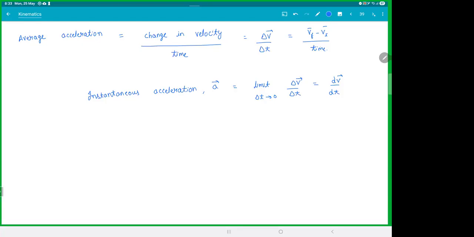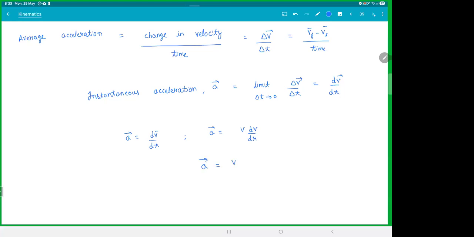If you want average acceleration, it is change in velocity by time. So acceleration can be written as dv by dt, and this can also be written as v dv by dr. The actual form is this, everyone.